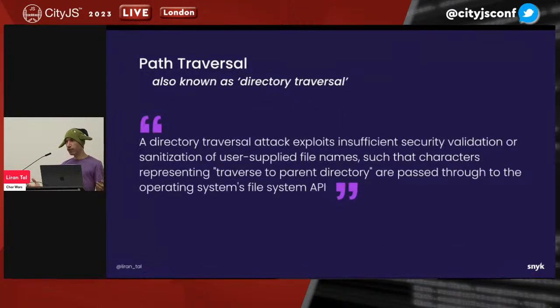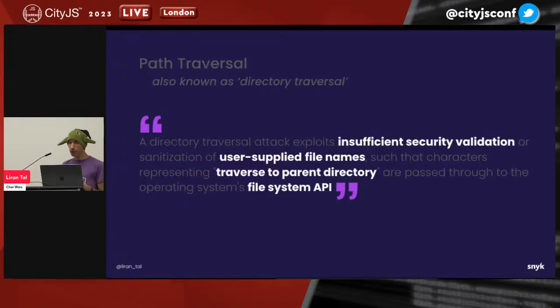The dictionary definition is like, if you have not got basic security controls in place when handling files or file paths, you are essentially exposing sensitive file operations, like Node APIs for the file path, to attackers to be able to circumvent and do whatever they want there. So if we look at the specific controls, we can locate here the key areas for us to understand what the risk is.